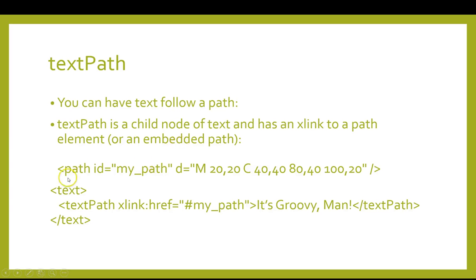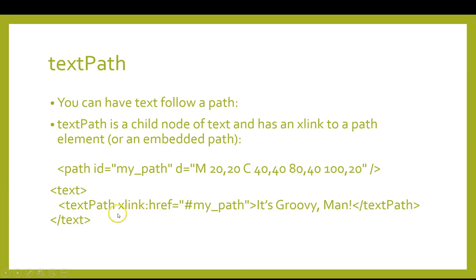So here, if you look at this quick example, I have a path called myPath. Here's the data for that. We've already seen how that works. So we move to this location, then we have a cubic curve that uses these parameters to generate it. And then we have our textPath within our text node.